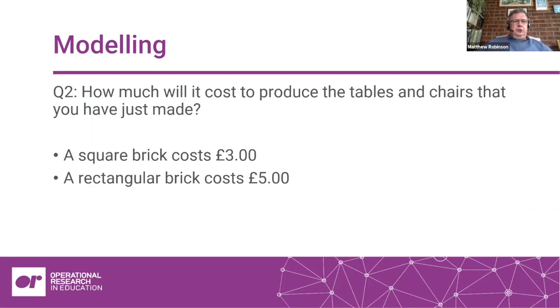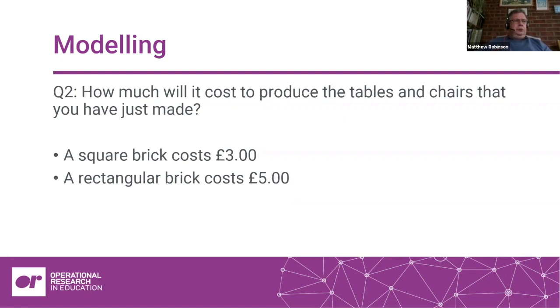So for each of those 4 options now, you should have been able to work out what the cost is to build each of them. Just a reminder, first option is no tables and 4 chairs. Second option is 1 table and 3 chairs. The third option is 2 tables and 2 chairs.